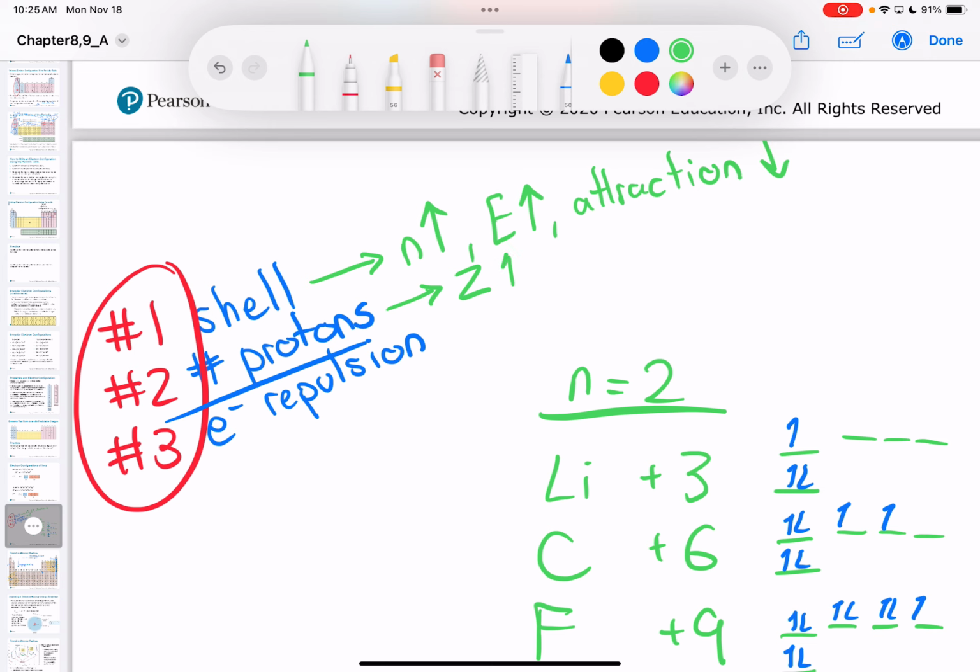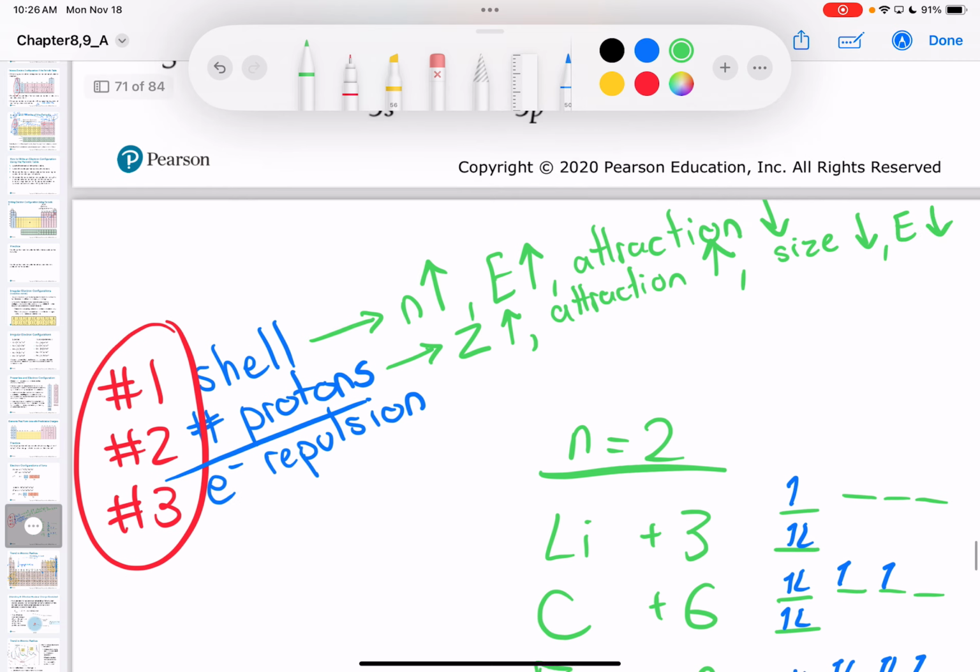So as Z increases, the attraction increases, and therefore the size gets smaller. The energy actually gets less as well. Okay, those are tied to each other.